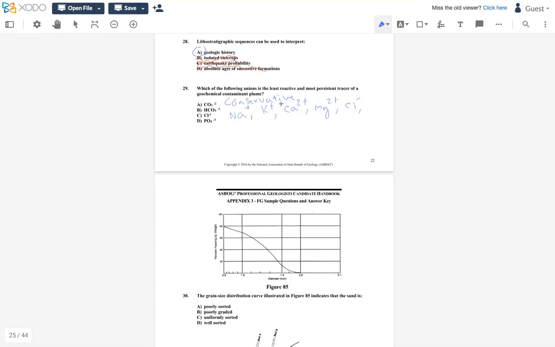On the offhand, I know we're not being asked for non-conservative ions, but just for the sake of explanation and clarity, we'll discuss those here for a sec.